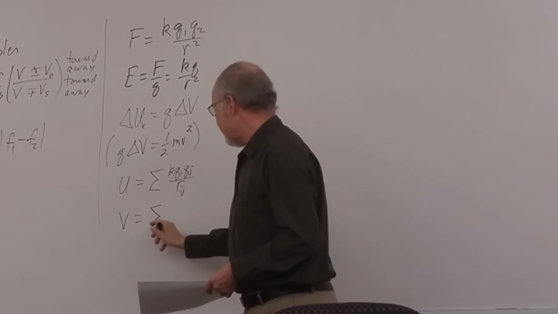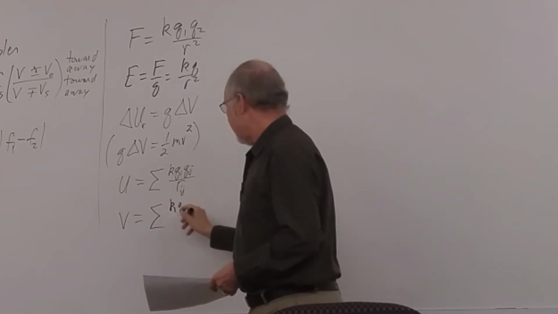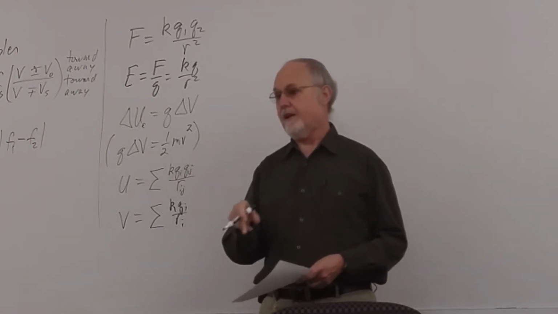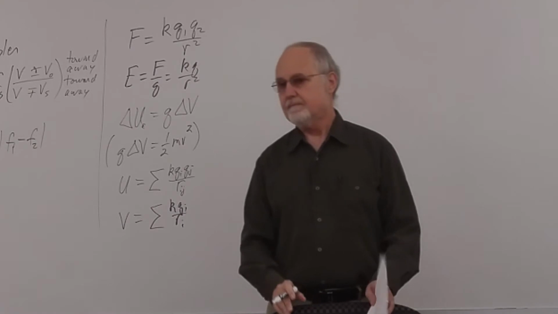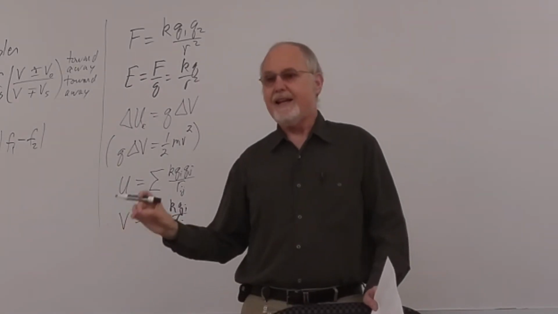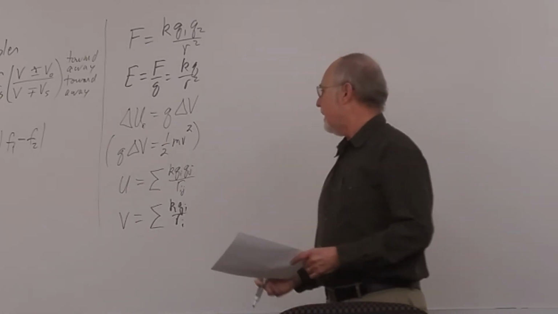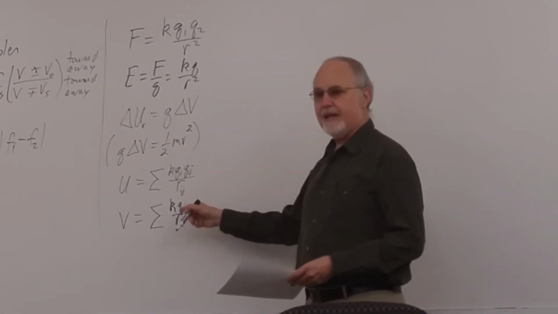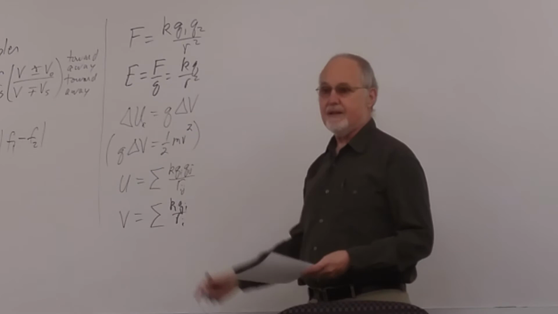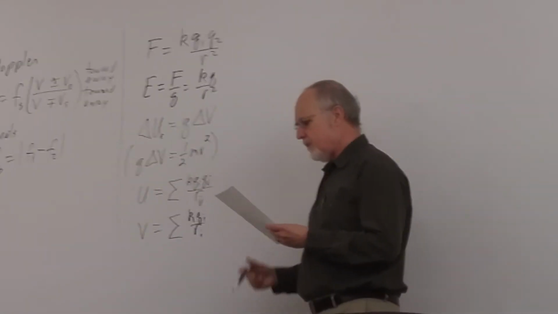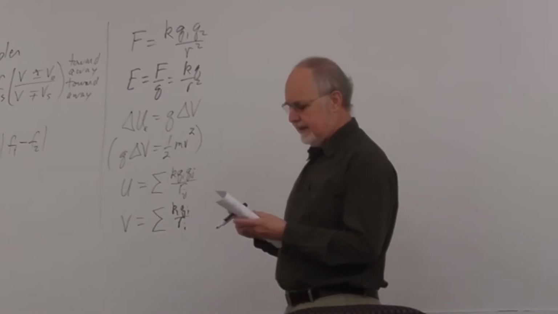That's a summation of K times each of the charges divided by the distance that charge is away from whatever point you're calculating the voltage for. And again, V is calculated at a point in space. That's a scalar, so if the charge is negative, put it in as negative. That was all of chapter 23.